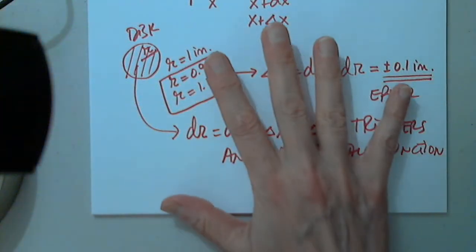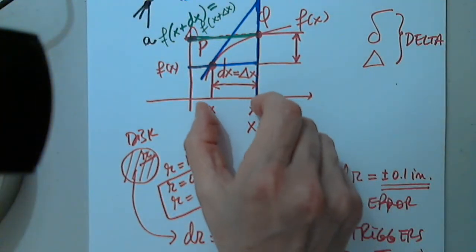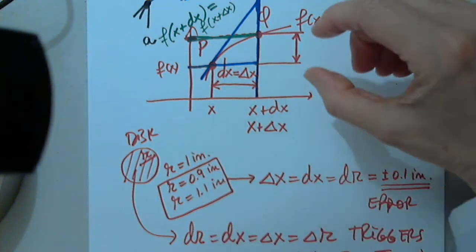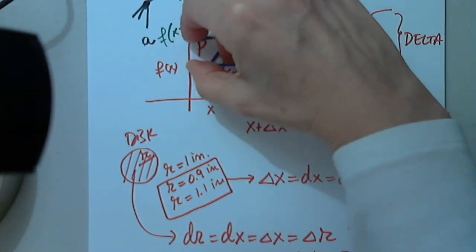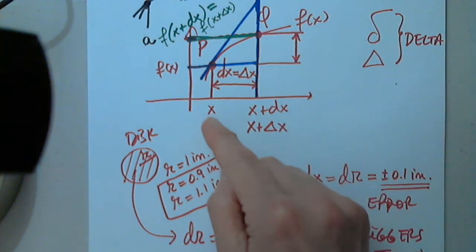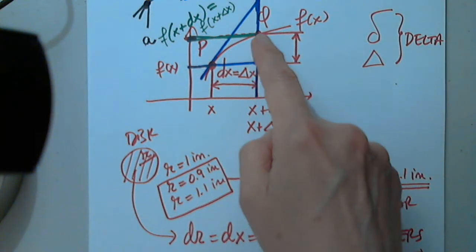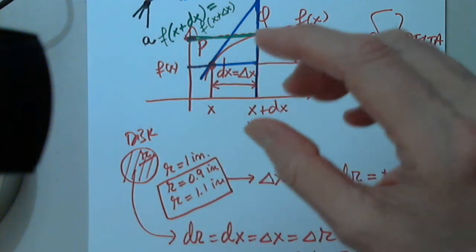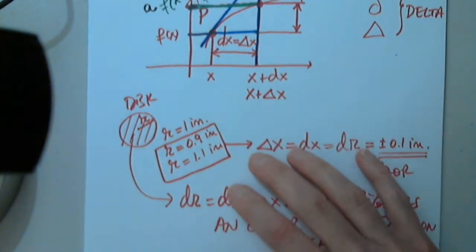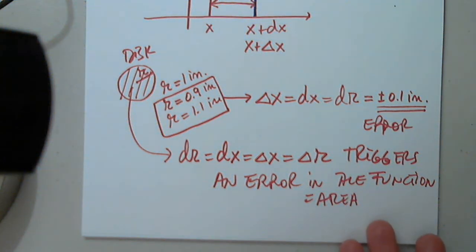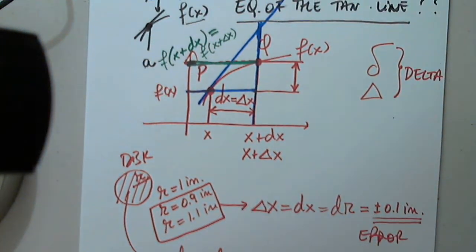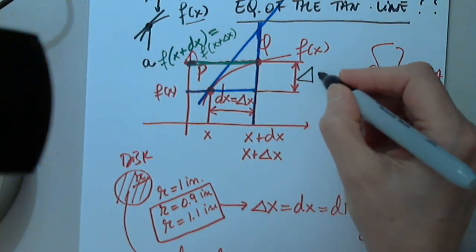So coming back here, if I have an error in x, what will this represent? So this is f of x, and this is f of x plus delta x. What will this represent? Based on my example, what would you think it would be? Would it be like the size of the error? Exactly, in the function. This is denoted by, not surprisingly, delta y.